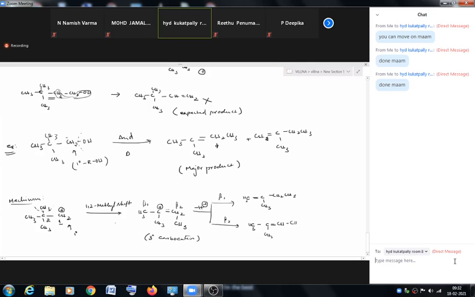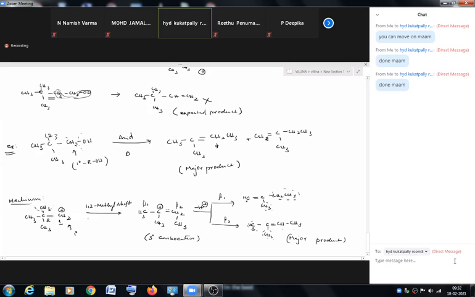Double bond, CH, CH3. So what is the more substituted alkene? Oh, sorry. Yeah. So this is the more substituted alkene. Here we have only 1 and 2. Here we have 3: 2 methyl groups and 1 ethyl group. So because of that reason, product number 2 will be our major product.